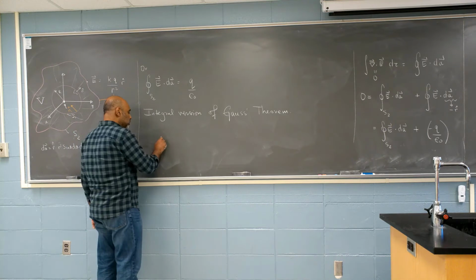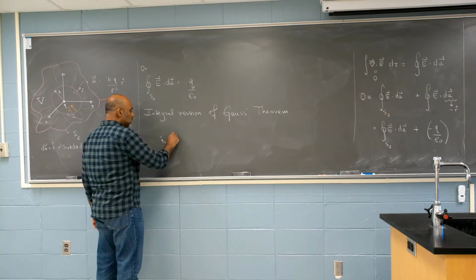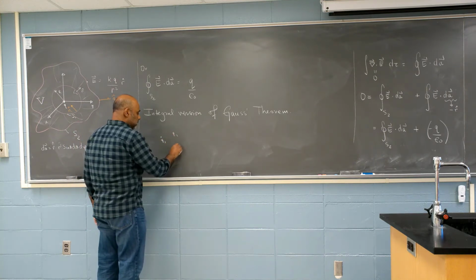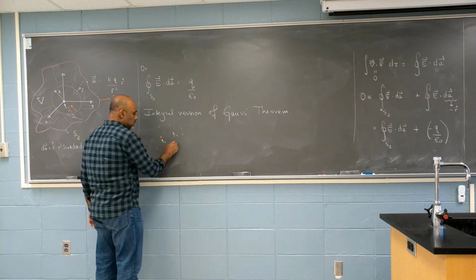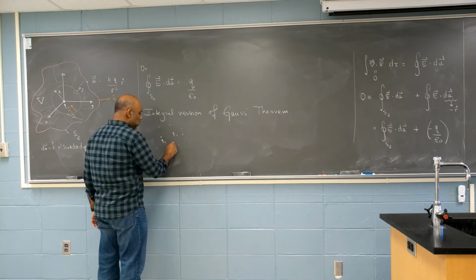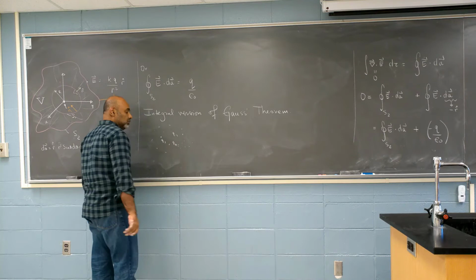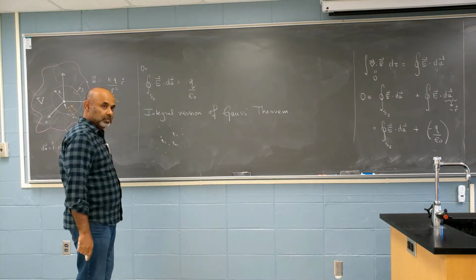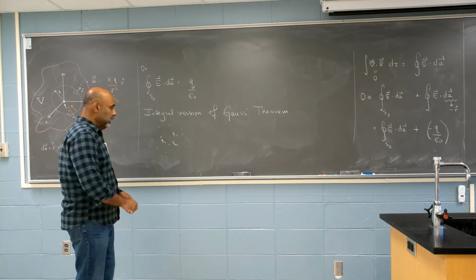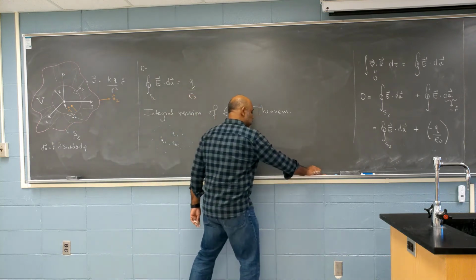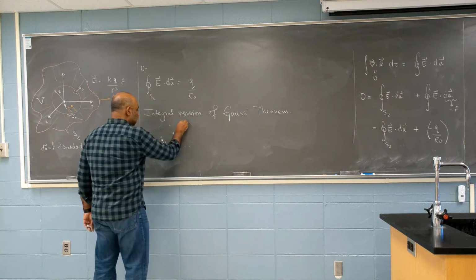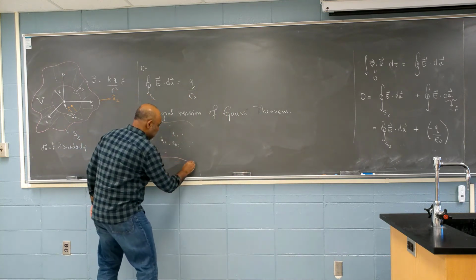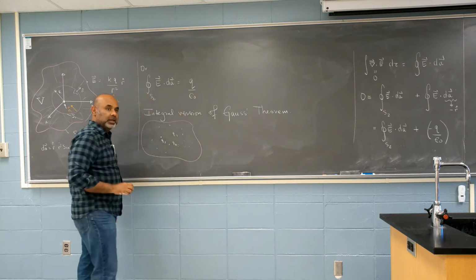So now suppose you have Q1, Q2, Qn, and I ask you, what's the flux through that?